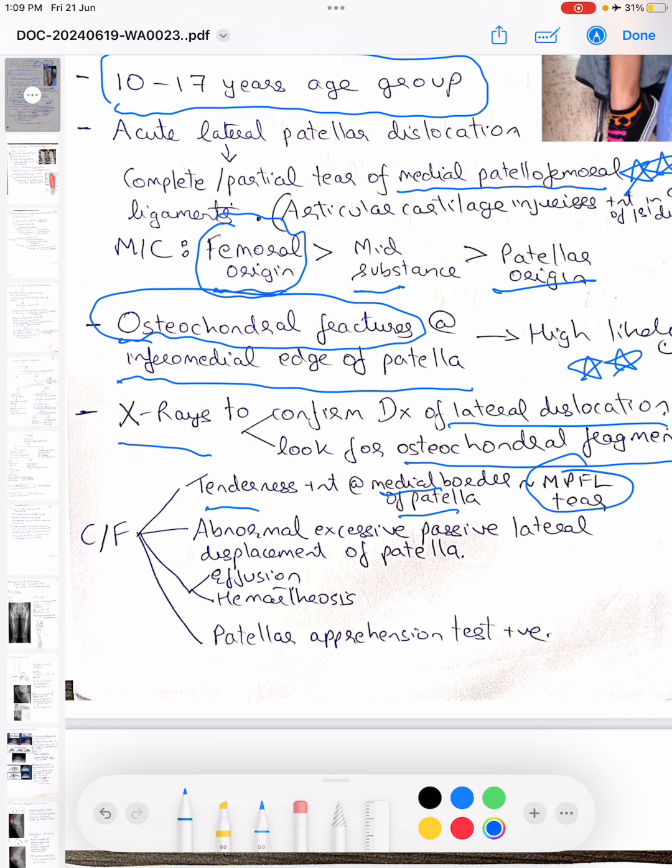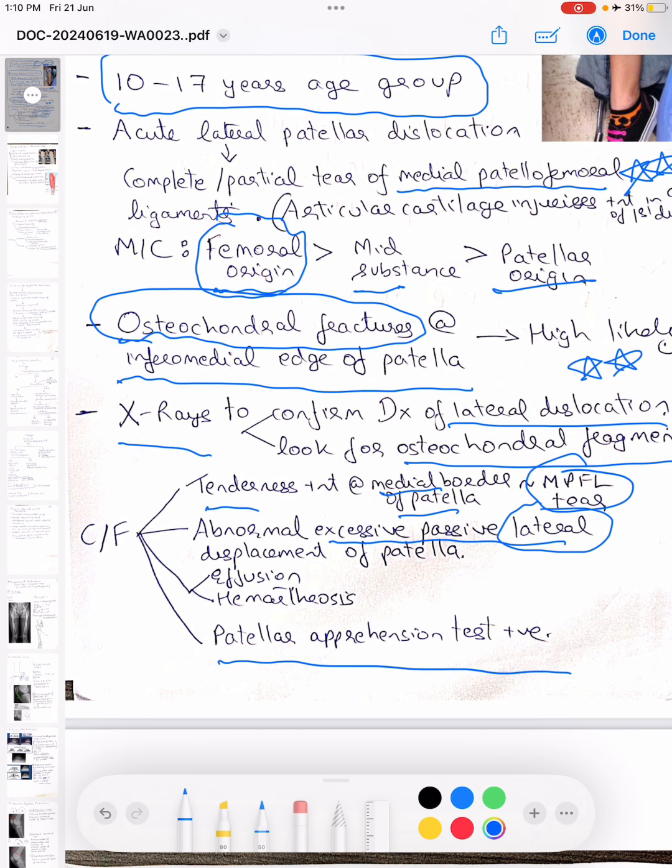Now, whenever a patient of recurrent patellar dislocation comes to the OPD, you check for two things. First, the patellar apprehension test: you try to sublux the patella laterally, and there is apprehension. Additionally, when you examine the patella, there is abnormal excessive passive lateral displacement of the patella, and you compare it with the normal side.